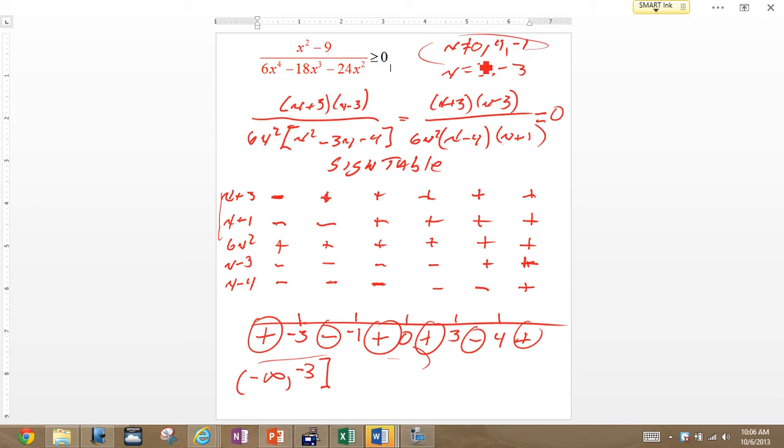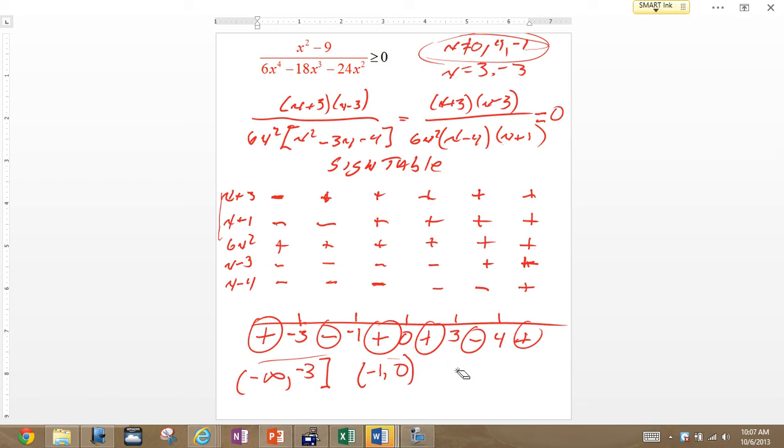Neither one of negative 1 and 0 can be included. Even though this says they want to include it, we said from up here, it cannot be negative 1 or 0. So therefore, we have to put these as not included endpoints, negative 1 and 0. And then we get 0 to 3.